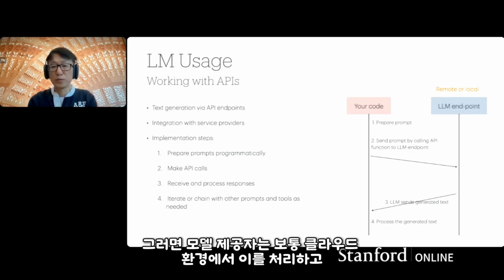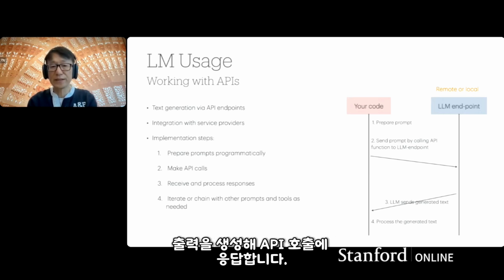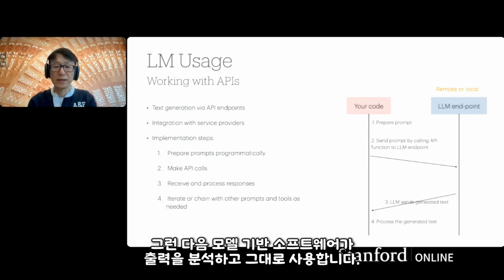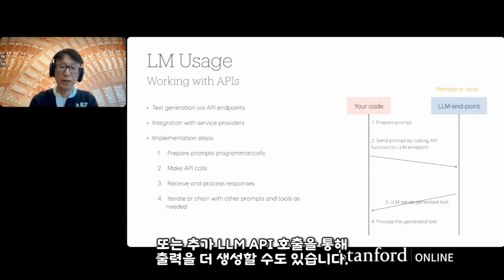And then the model provider takes that, usually in a cloud environment, generates the output, and responds to your API call with the generated output. Then the software built around that model will parse the output and use it as is, or maybe make a follow-up LLM API call to further generate the output.